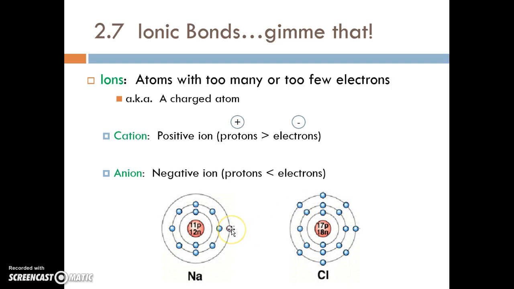So what happens in this bonding is that the Na will donate an electron over to the chloride. So now what will happen is this will have 8 electrons on the outside. And this guy will now, because he lost an electron, what's going to happen is he started out with, and you could look this on the periodic table, we can go back and look at one.